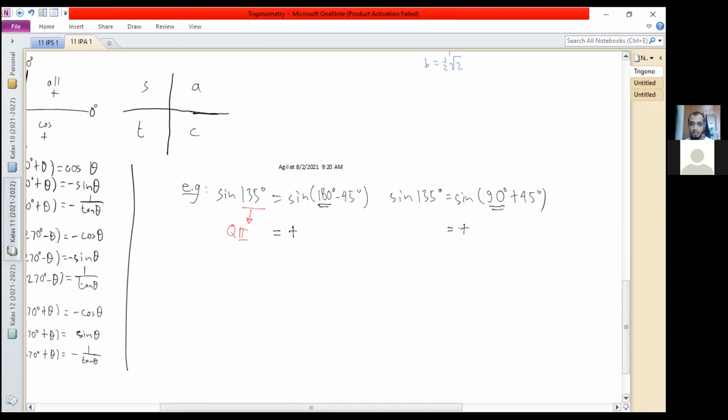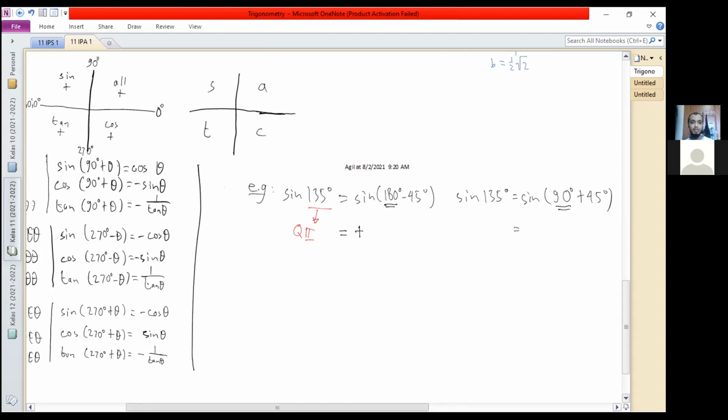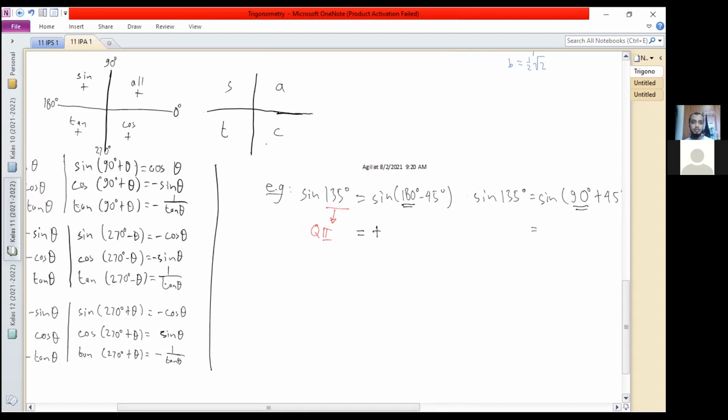Okay, let's do the first one first. This is to make sure that you get the correct one. And then next, if we are using 180 degrees as the reference, you can remember that 0, 180, and 360 are on the x-axis.